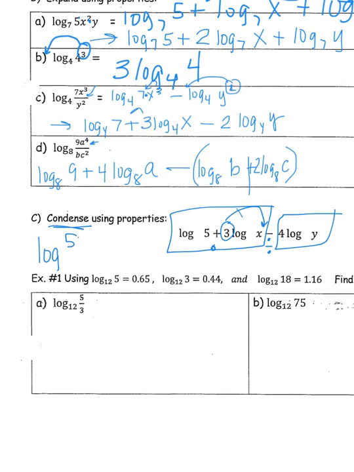So this would be 5x to the 3rd over, because the division sign is represented by the minus sign. And then we're going to bring the power up from the 4, so that would be y to the 4th on the bottom. There we go. That would be the answer for that top part.